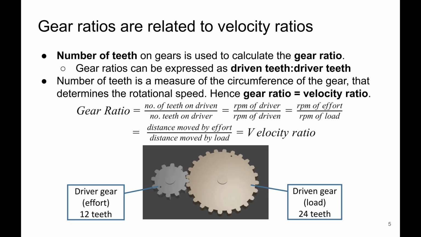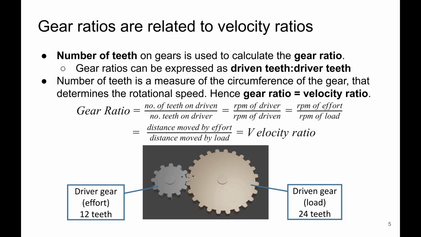So the ratio of the teeth of the gears is inversely proportional to the speed of those gears. In other words, the number of teeth on the driven gear divided by the number of teeth on the driver is equal to the rotational speed of the driver gear divided by the rotational speed of the driven gear.